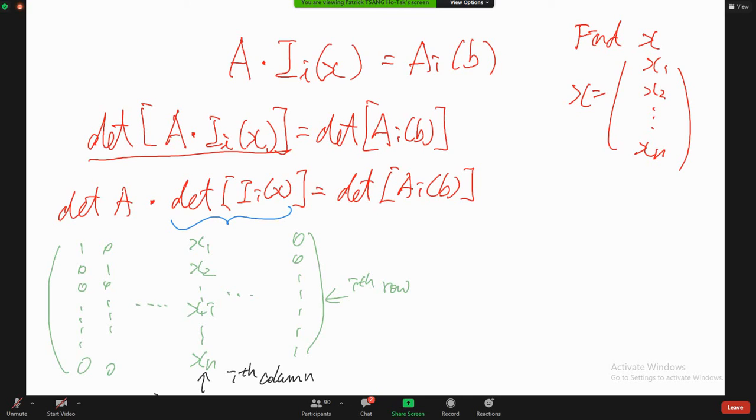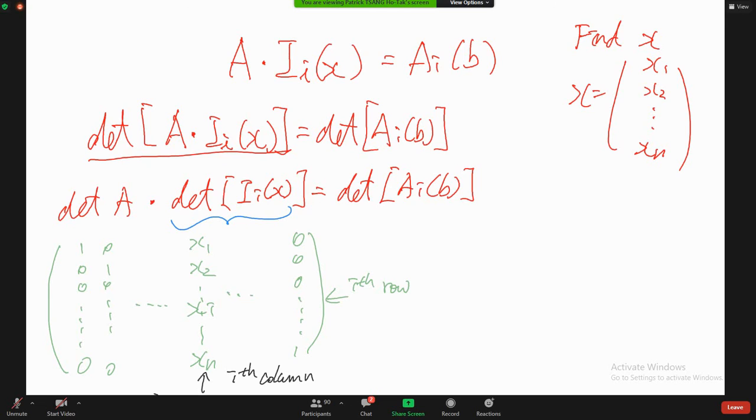Sorry, this is not clearly presented. Actually this is a dot, but I wrote it just like a 1. Now I suggest you find the determinant value by using the ith row, because it consists of many 0s except the ith element.